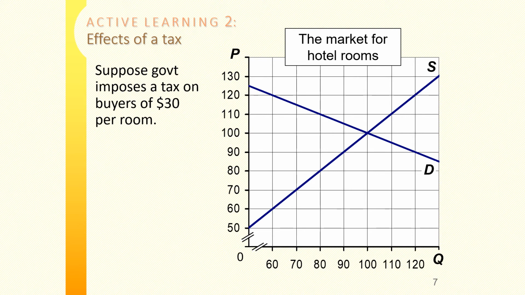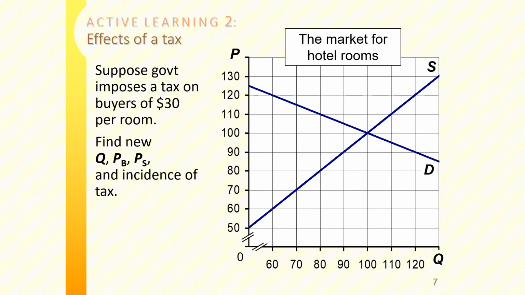But the question for you is: suppose there is a tax of $30 in this economy. How will this affect the overall prices, the price for the buyers and the price for the sellers, and then the equilibrium quantity? Can you find it from this graph?